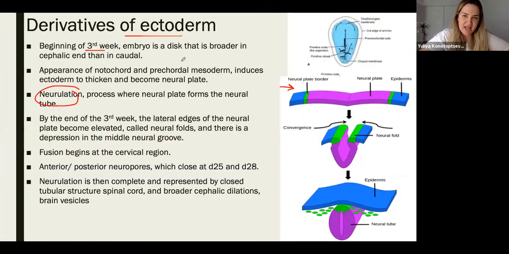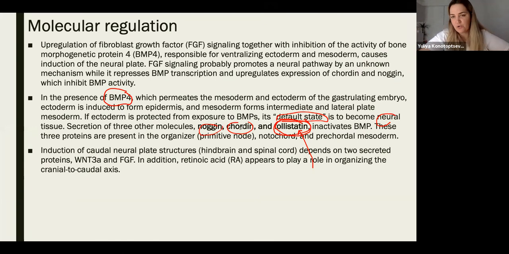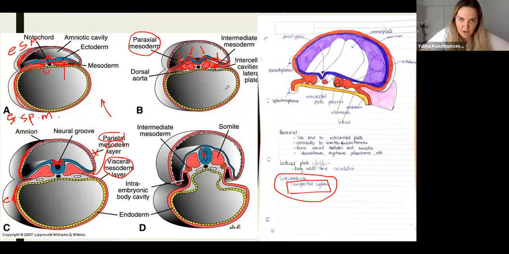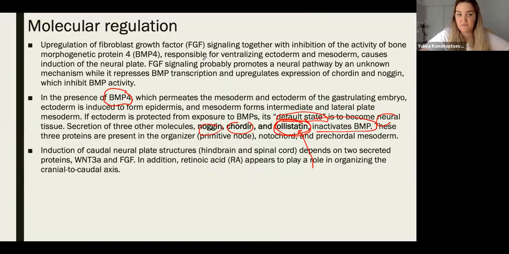So of course, it's natural that noggin, chordin, and follistatin inactivate BMP4. In this little tiny part, even if there is BMP4, noggin, chordin, and follistatin will inactivate it. So just know BMP4 and these three, and know what they do with your ectoderm. That's the most important part.